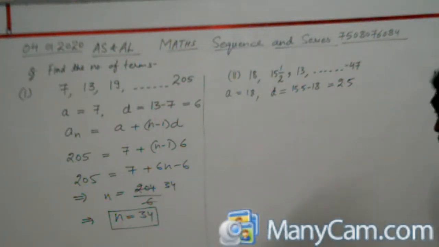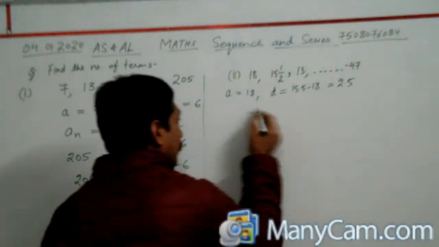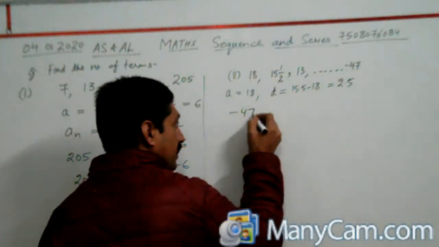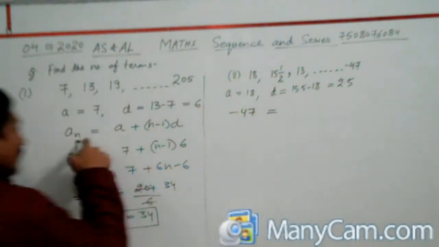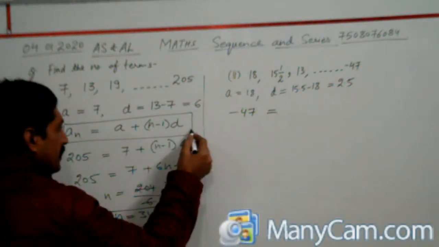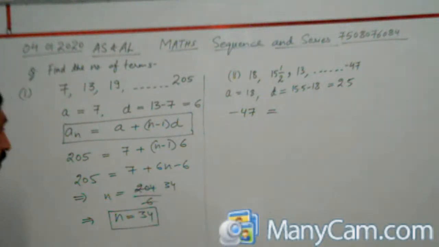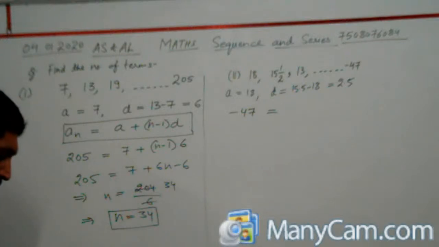And the last term is minus 47. What is the formula used? An is equal to a plus n minus 1 into d.